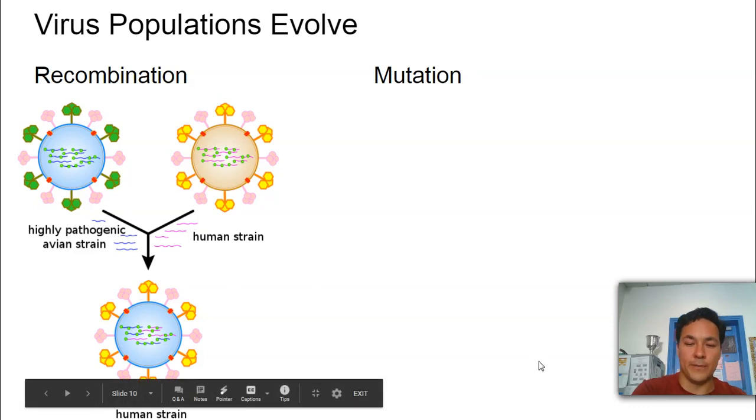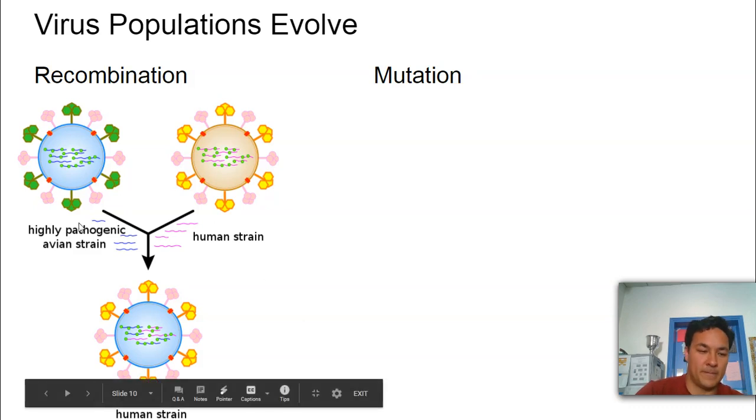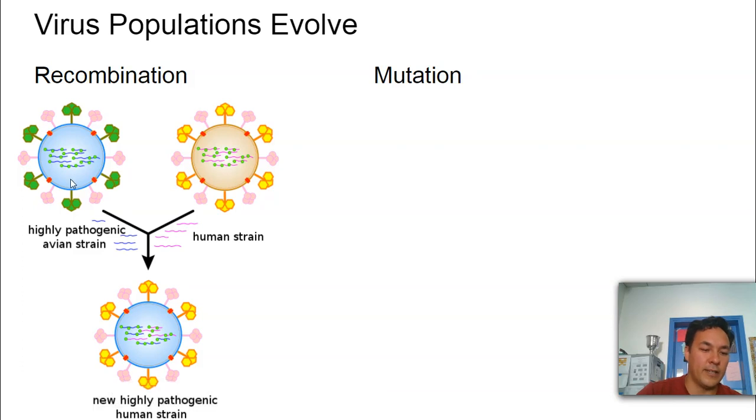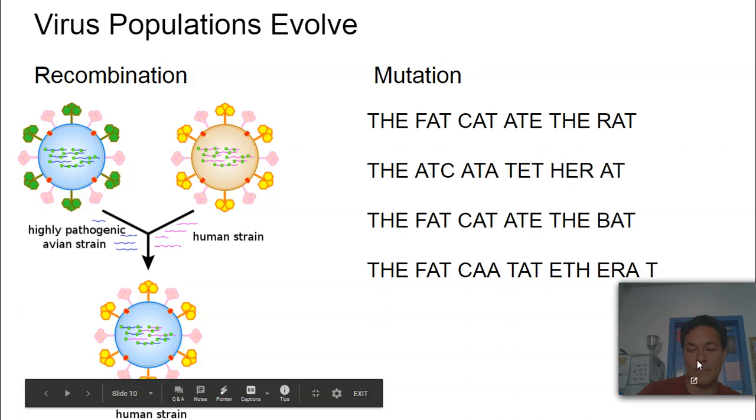Just like you don't evolve, you were born the way you are, and now you might work out and become healthier, which you should, but then you can pass on your traits. Regardless, here's an example of recombination. So the human strain and the bird strain come together and make this bird flu strain that is bad.